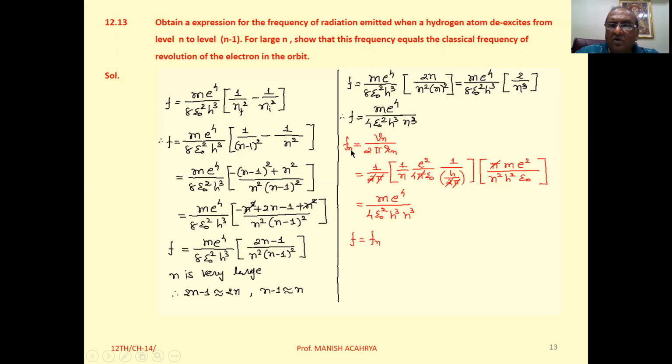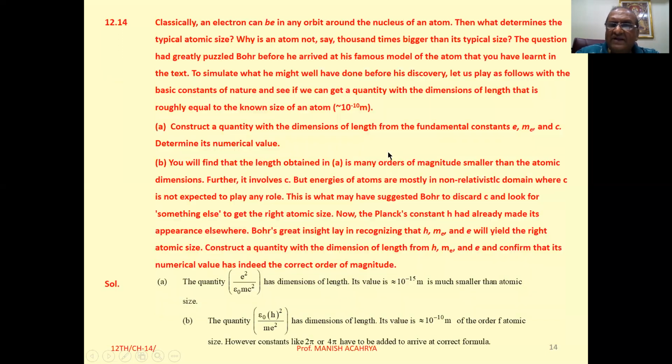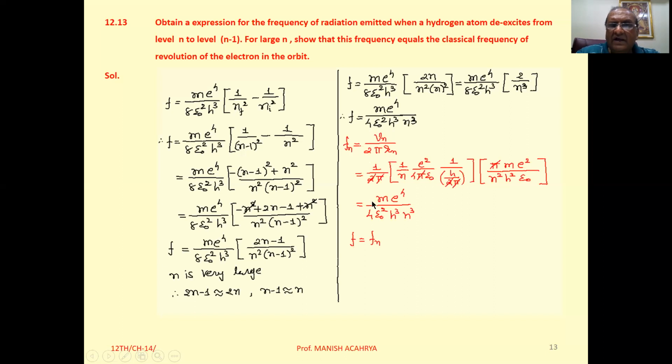Now, frequency in nth orbit, that we can write as speed, that is vn, over the circumference, meaning the distance of nth orbit, that is 2 pi rn. Okay. Now 1 upon 2 pi as it is, then substitute vn, that is 1 upon n into e square upon 4 pi epsilon 0 into 1 upon h upon 2 pi. And now rn: if we substitute rn, that is n square h square epsilon 0 upon pi me square.